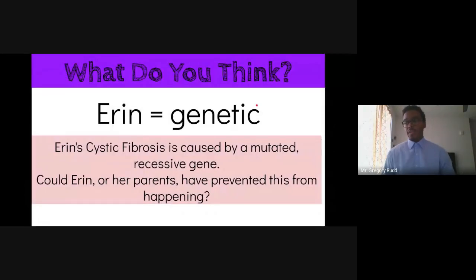So it's not a 100% chance, but it is random. Of course, we don't know exactly which sperm is going to fertilize which egg. So there's no way of really knowing what the outcome will be when you have a child. But it's a 25% chance in this case that she would get cystic fibrosis. And unfortunately, she did.